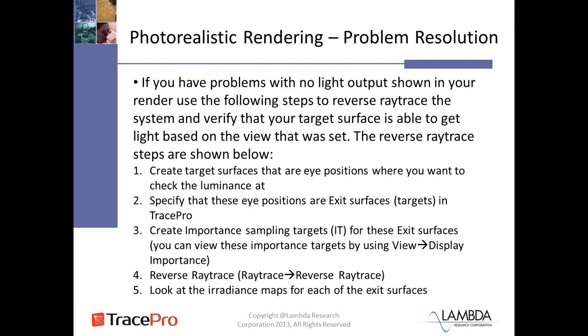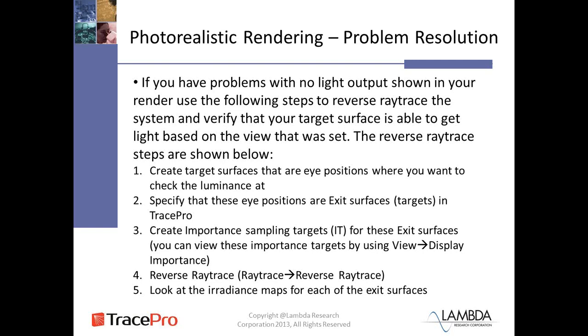The first thing you need to do is set up eye positions. So you're going to want to create a couple of blocks or cylinders, and you want to position them where you would set your eye. You want to set the target surface to be the exit port of your Lightpipe, for instance. This is where you're going to want to check the luminance. You're going to want to specify each one of those blocks or cylinders that you set up as eye positions as exit surface targets in TracePro.